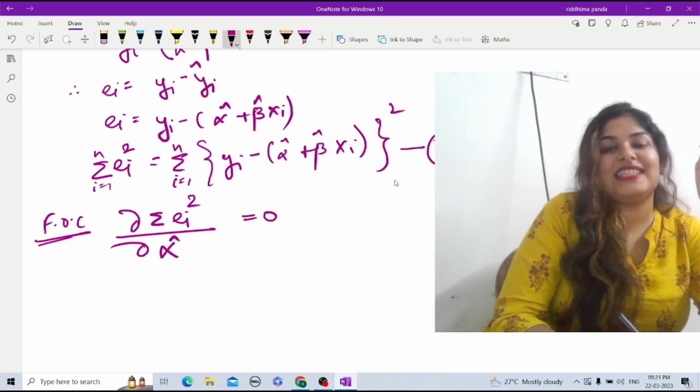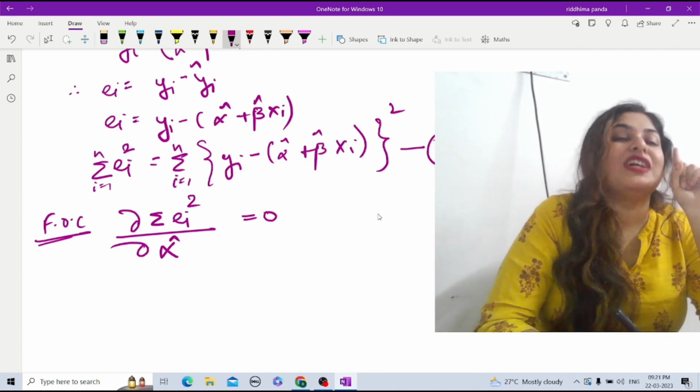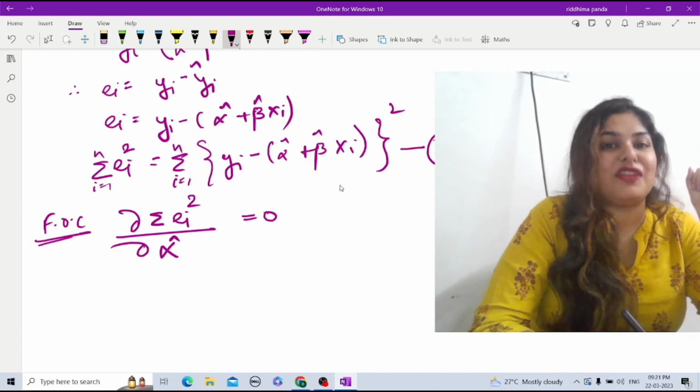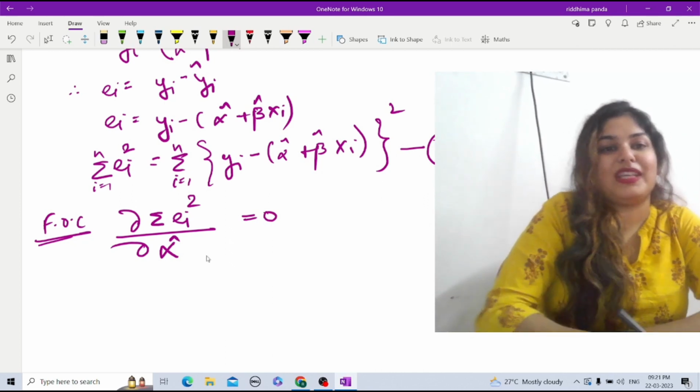Now, let's say this is equation 1 and I have to differentiate equation 1 with respect to alpha hat. So what do I get?